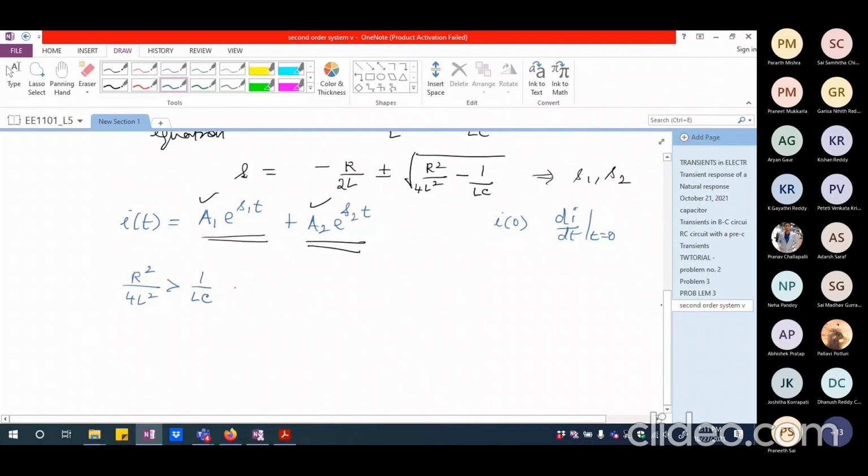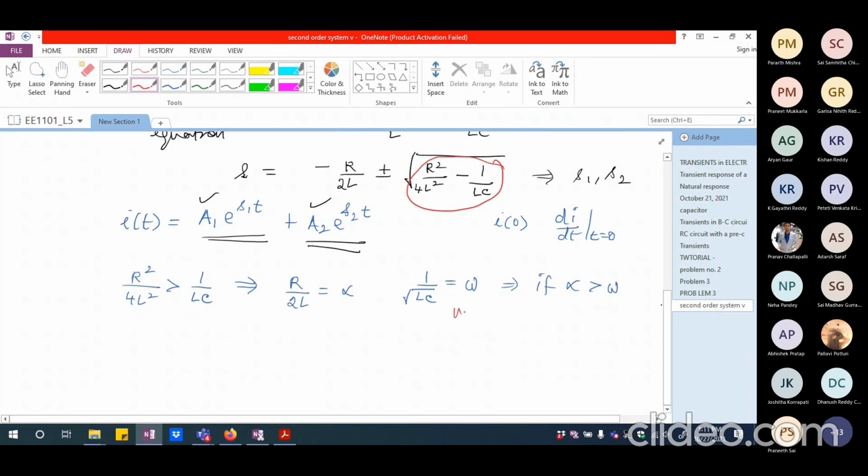Or I can write it this way: if R by 2L I call alpha and square root of 1 by LC I call omega, then if alpha is greater than omega, whatever is under this root is going to be a positive quantity.